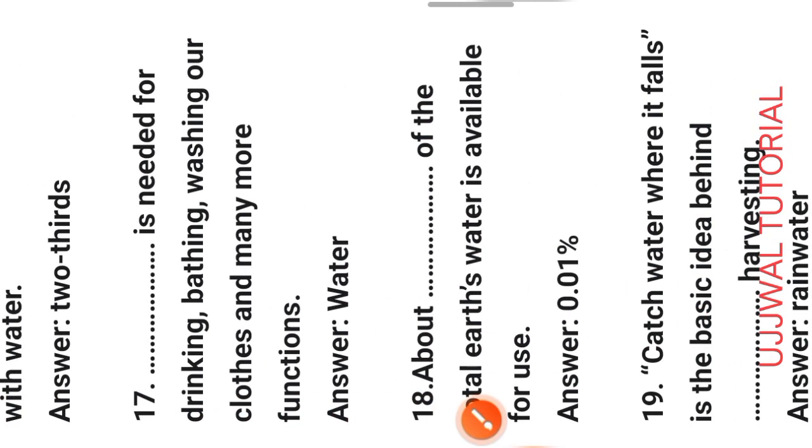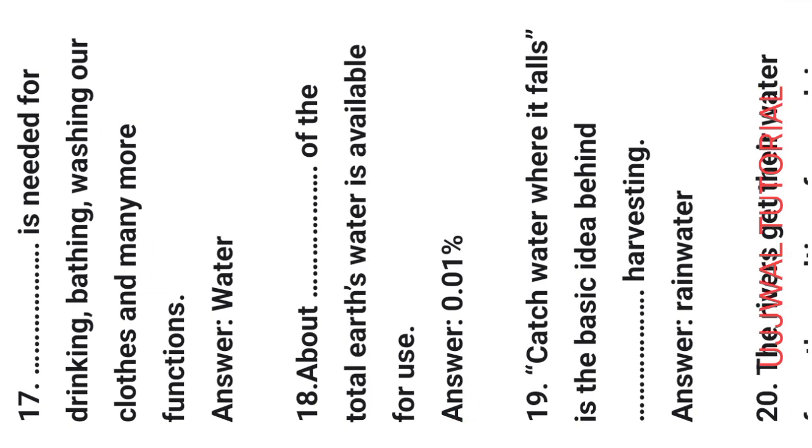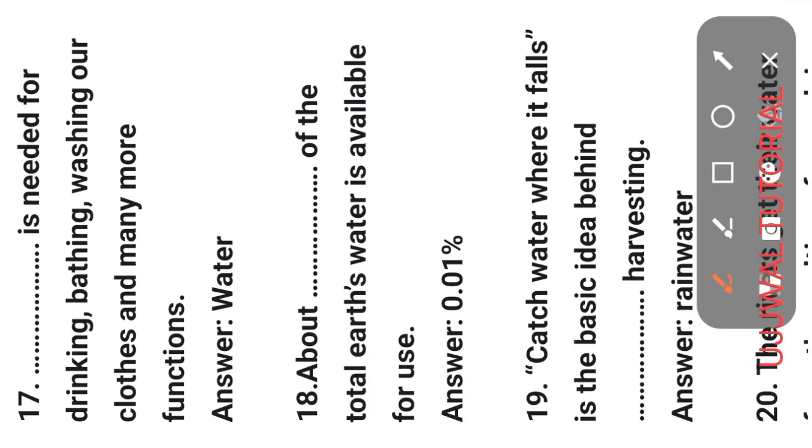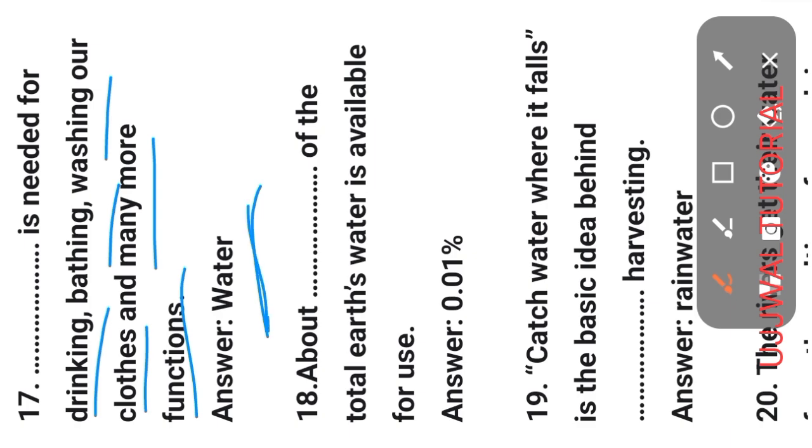Next question, question number 17. Dash is needed for drinking, bathing, washing our clothes, and many more functions. Water. Water is a very essential and important substance. Question number 18.